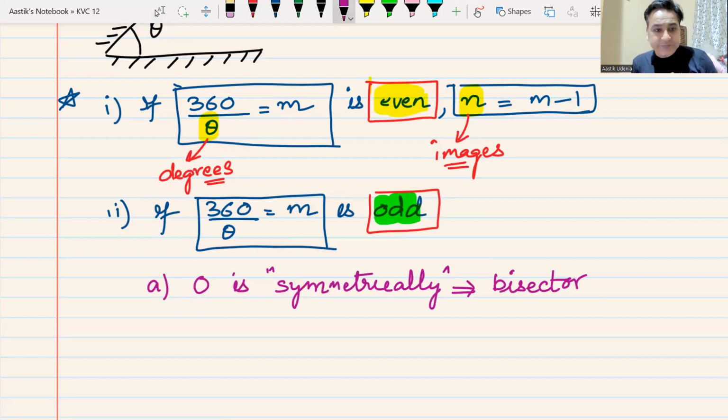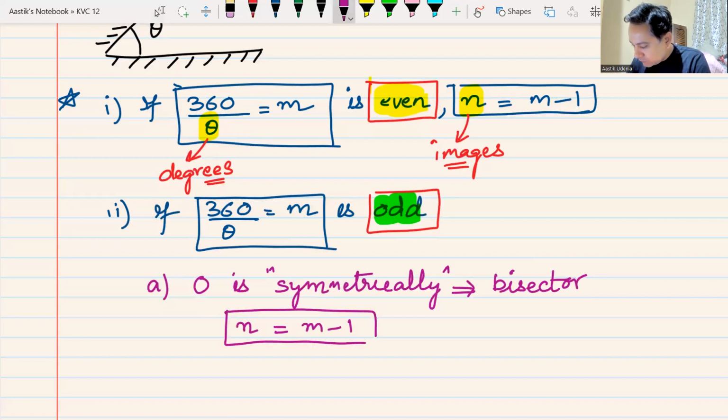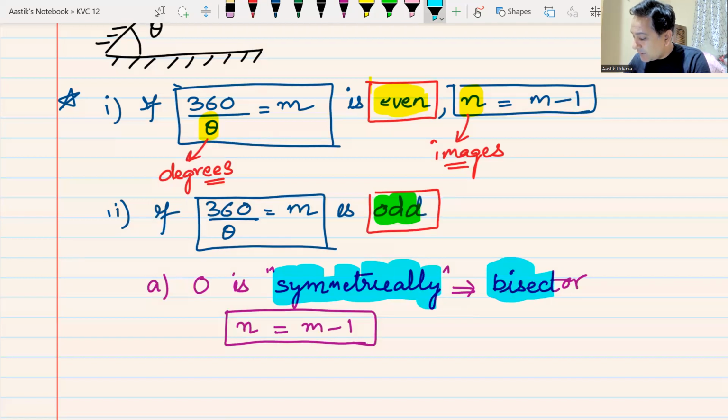Then the number of images n will be the same as m minus 1. So you have to remember, if it is placed symmetrically on the angle bisector, then n will be equal to m minus 1.